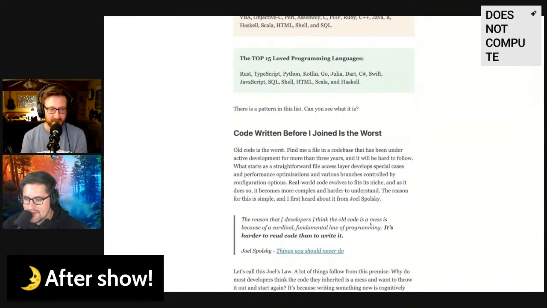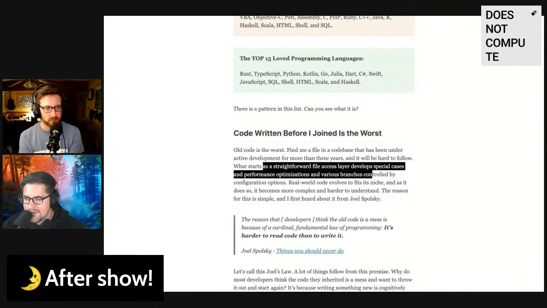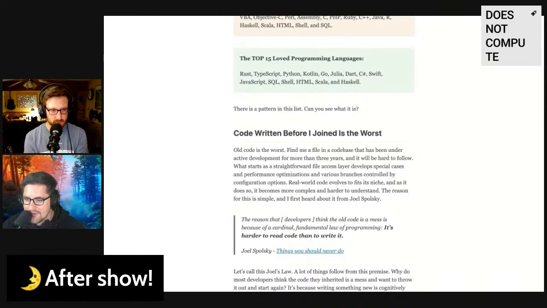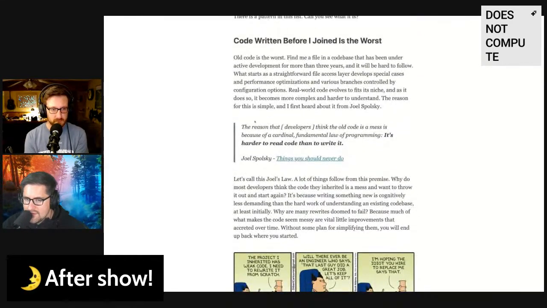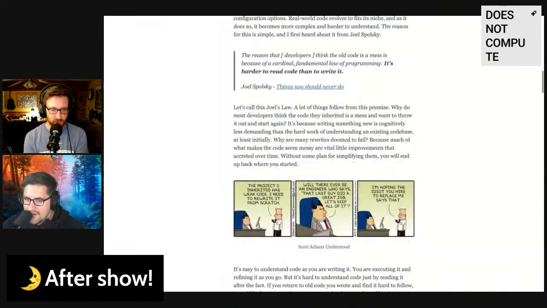Let's see here. The reason that developers think old code is the worst: code that has been under active development for more than 3 years will be hard to follow. What starts as a straightforward file access layer develops special cases and performance optimizations in various branches controlled by config options. Yeah, that's true. The reason developers think old code is a mess is because of a fundamental law of programming: it's harder to read code than to write it. Joel Spolsky.